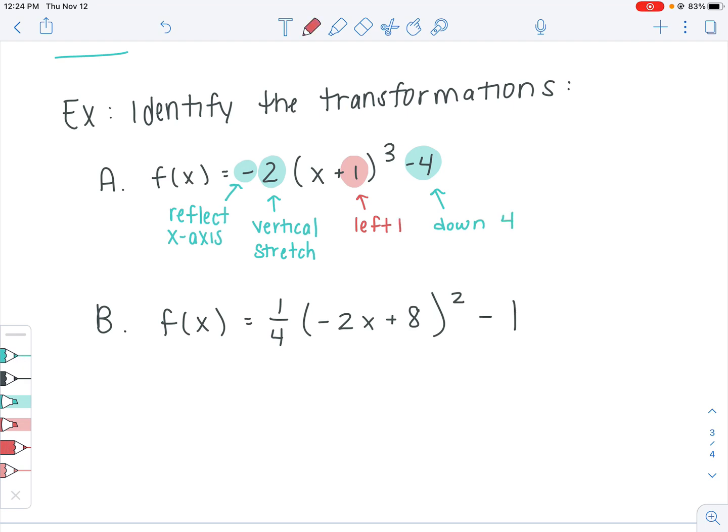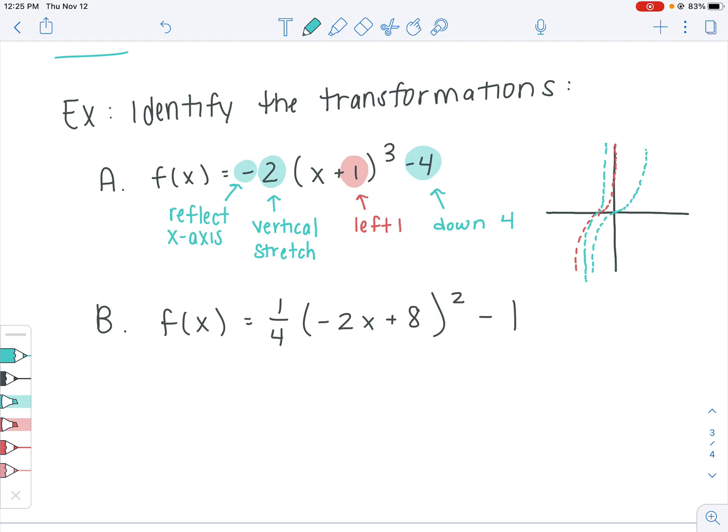So if I was going to actually graph this, the first thing I have to do is my left or right. So I know that my parent function for x cubed looks like this. The first thing I have to do is move it to the left 1. So now I have a graph that's left 1. Then I have to stretch or shrink it. Since I'm stretching it, it's going to physically make the graph taller. It's going to just make it skinnier at the same point.